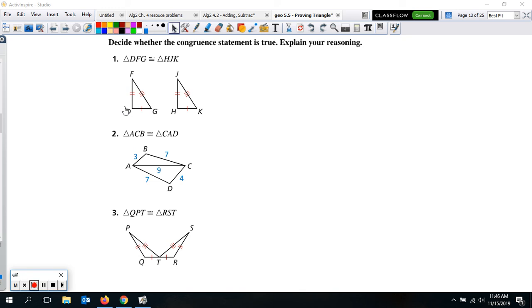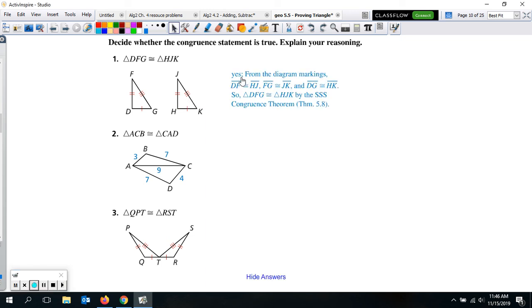So 2, 3, 1. Over here, HJK needs to go in a 2, 3, 1 fashion. So H, then J, then K, this way, 2, 3, 1, and it does exactly that. So yes, that is a correct congruent statement. That is correct for the SSS.